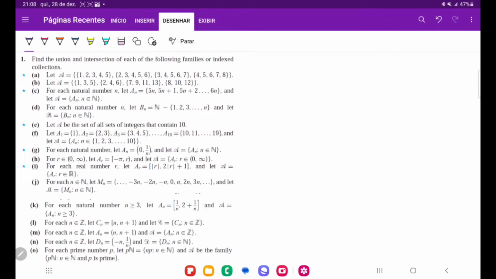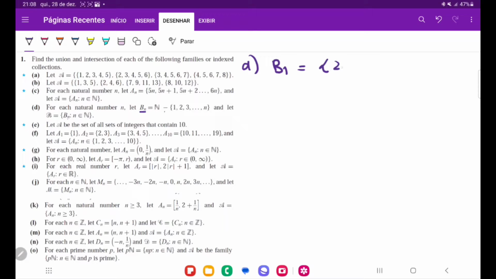So for item D, we have here an indexed collection of sets. And so our family is going to be the family B, where we're going to have B1, B2, B3, and so on, indexed by the natural numbers. So let's just expand some of these out so that we get a notion of what this looks like. So basically B1 is going to be the natural numbers minus the index.